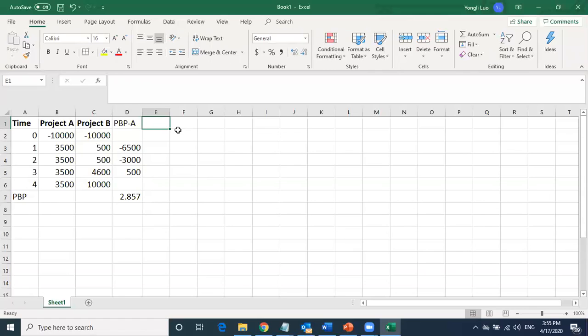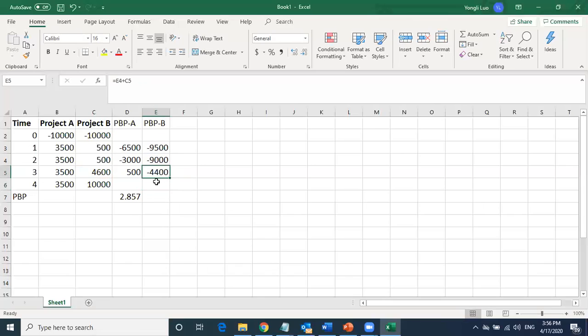And for the payback period of project B, at the first year you only got $500 back. And the second year, you got another $500 back. And the third year, you got 4,600, but you still lose money, 4,400.